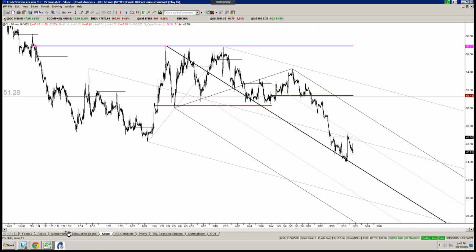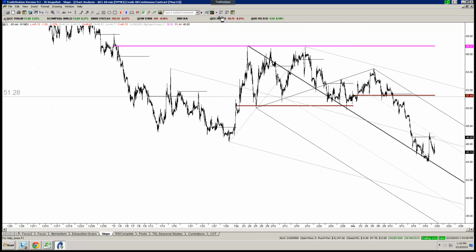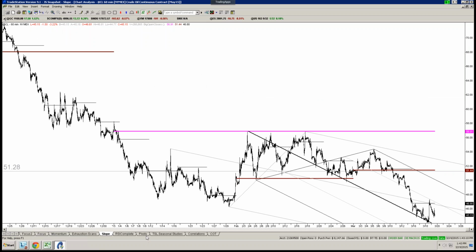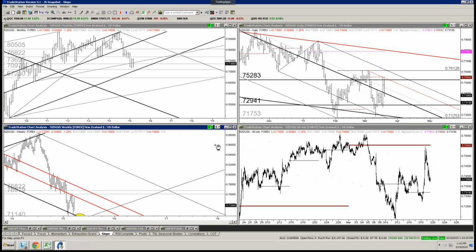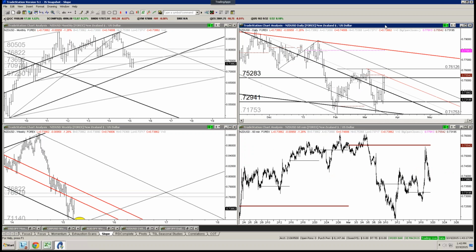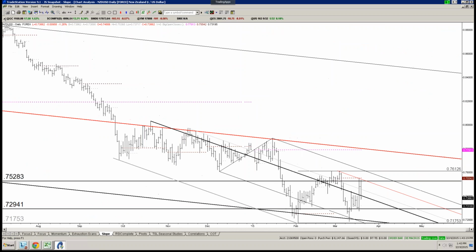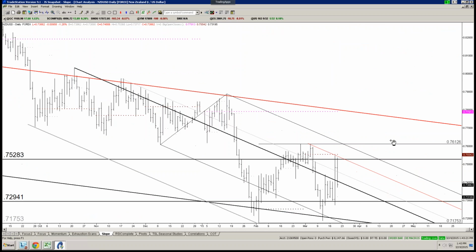Questions on pound Kiwi and Aussie Kiwi? Yes, sure. Actually, I didn't really look at Kiwi, and we should. So here's Kiwi, here's that slope that we've been following on the daily chart.